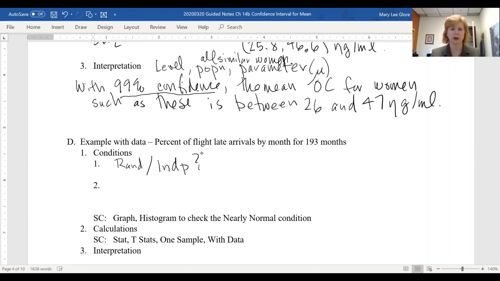All right. So this is for 193 months in a row. So the question we've got to answer ourselves: are these many months representative of late flight times in general? Is there any reason for more flights to be late or less flights to be late in other months outside of this?